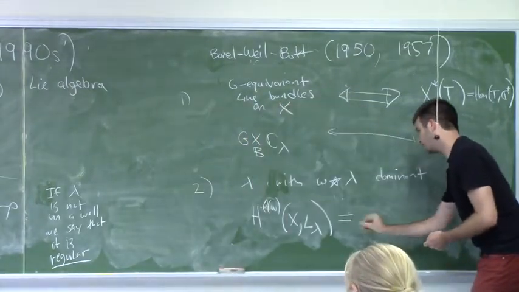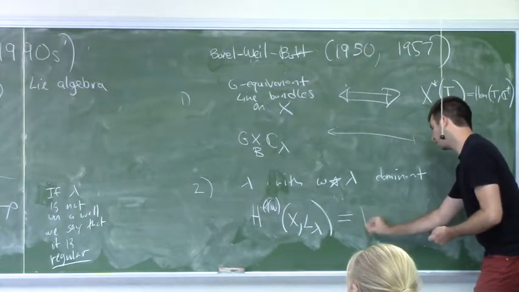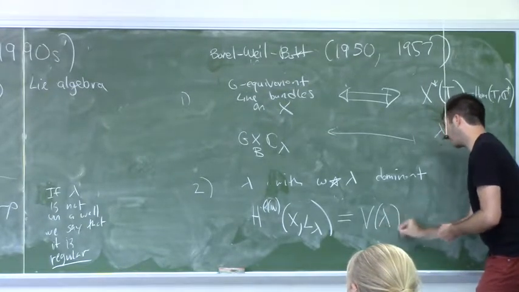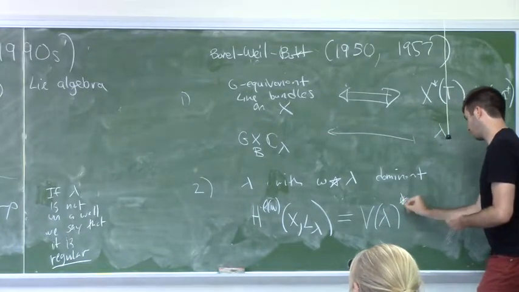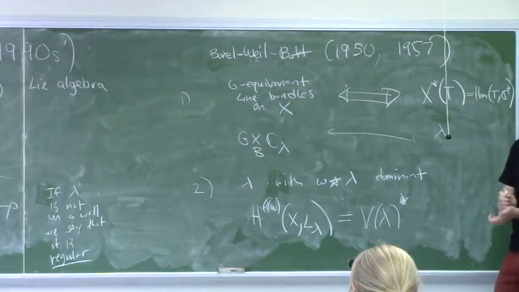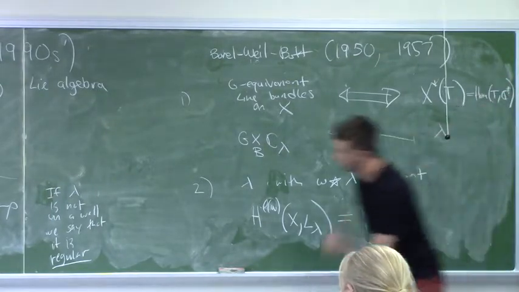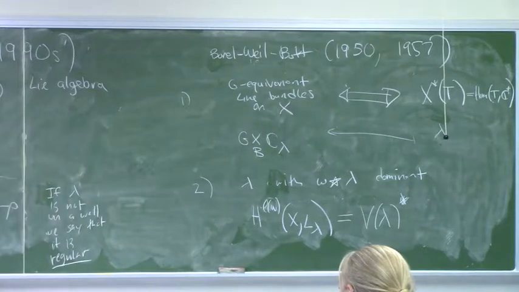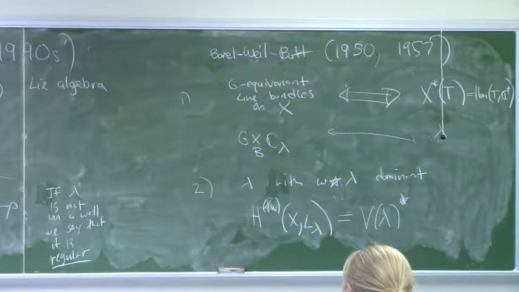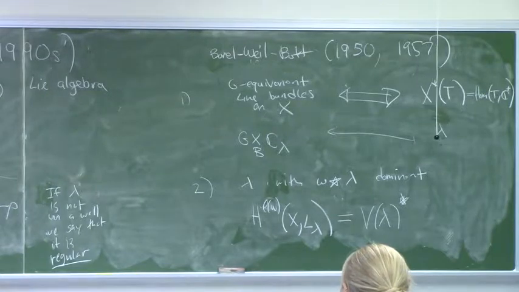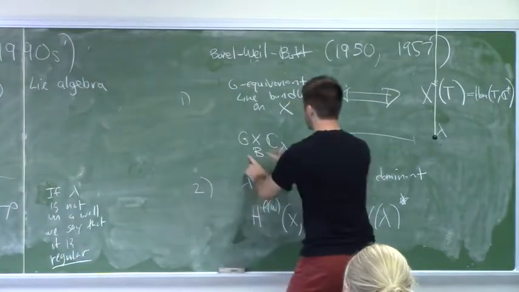And this thing is going to be equal to the dual of the representation of W star lambda. L is the length of the word in the Weil group, so you write it as a minimal sum of transpositions.